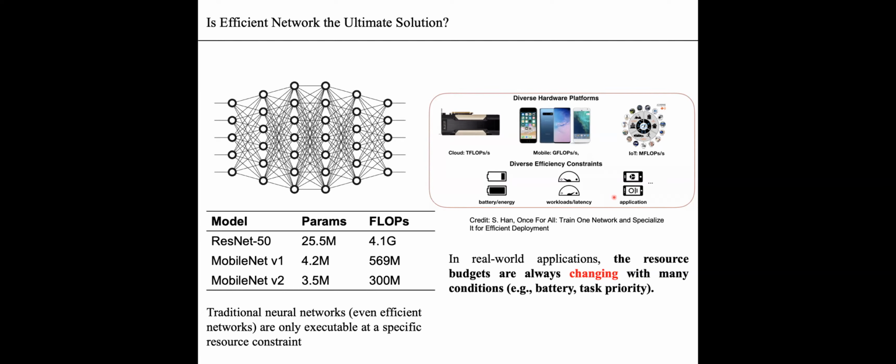At some point you only have one application open, so you have all the memory and computational resource for this application. But at some point you open multiple applications, and then these resources have to be split among all of them. So these resource budgets are dynamic.